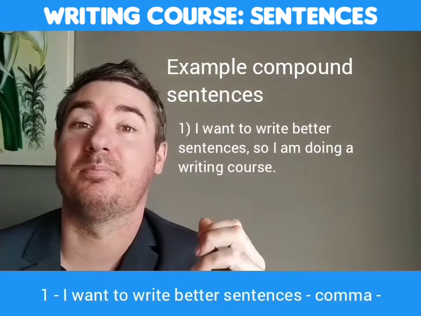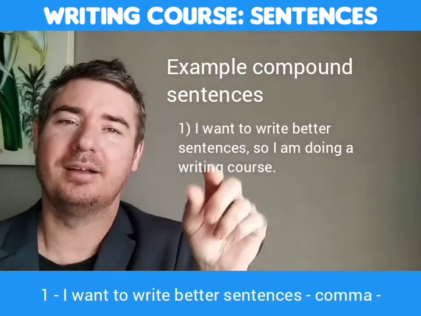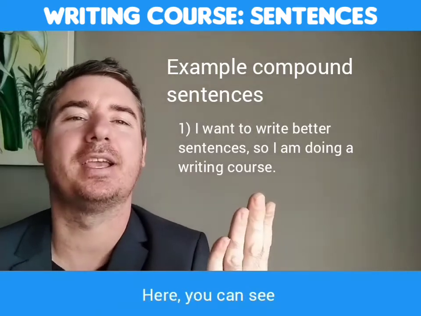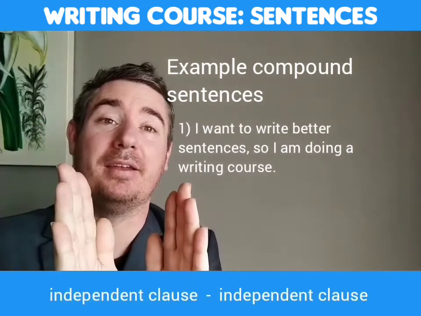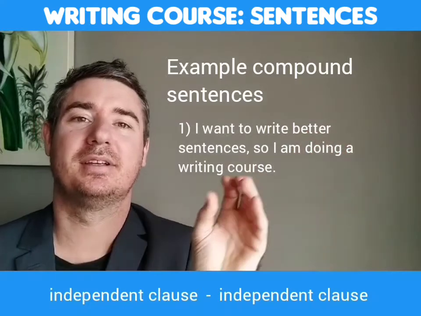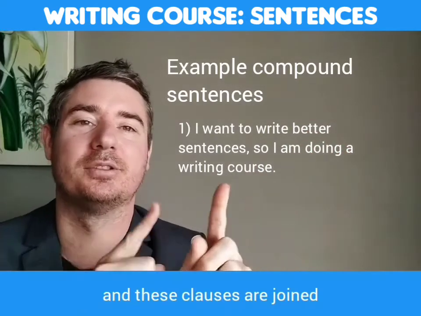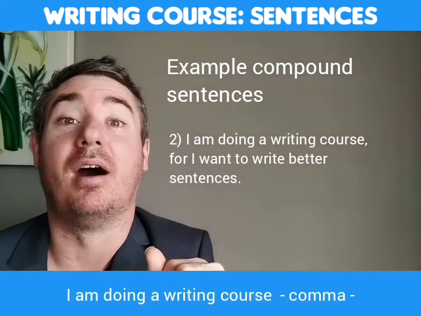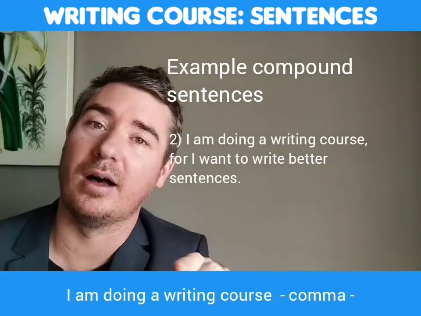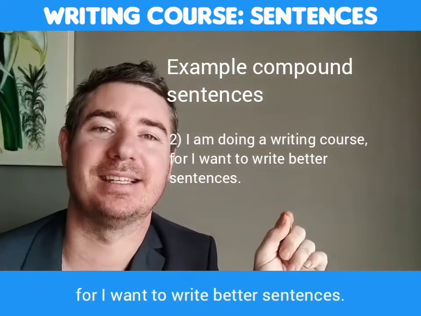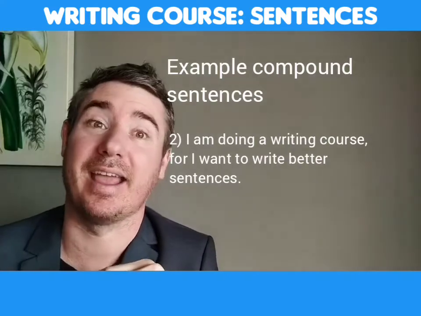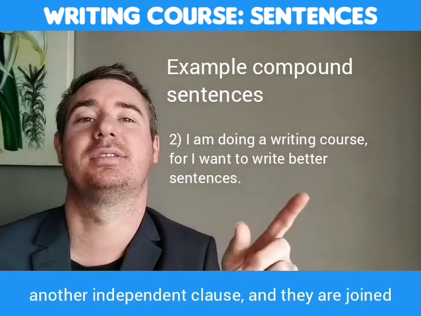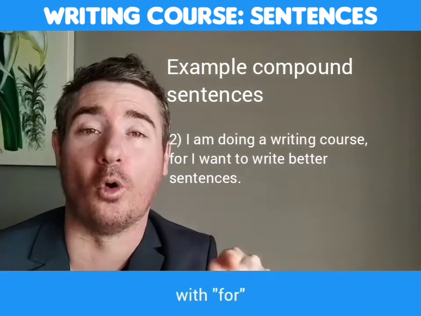I want to write better sentences, comma, so I am doing a writing course. Here you can see an independent clause, another independent clause, and these clauses are joined with so. Sentence 2. I am doing a writing course, comma, for I want to write better sentences. Again, you can see the independent clause, another independent clause, and they are joined with for.